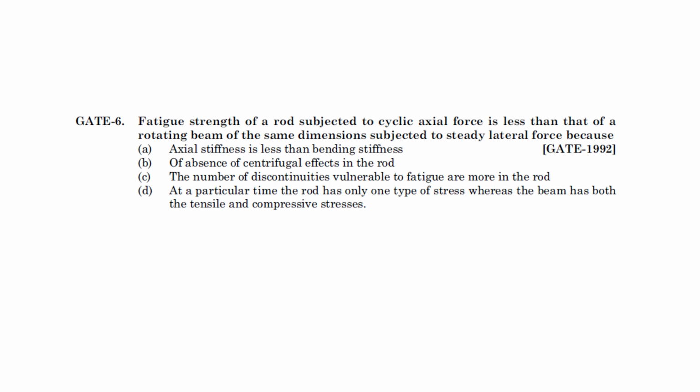Next question is, the fatigue strength of a rod subjected to a cyclic axial force is less than that of a rotating beam of the same dimension subjected to steady lateral force because. Okay, so let's see the options.